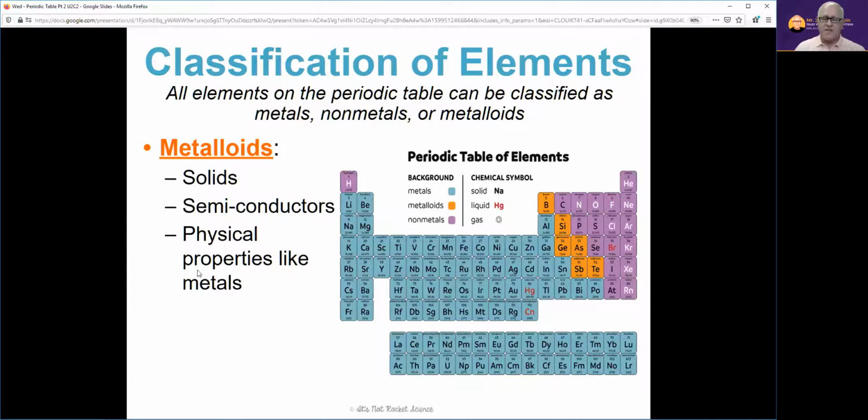They have physical properties like those metals, and they have chemical properties like nonmetals. When we say they're highly conductive, it's that they work well in electronic devices because not only are they conductive, but they're also non-conductive, which is what calls them semiconductors.